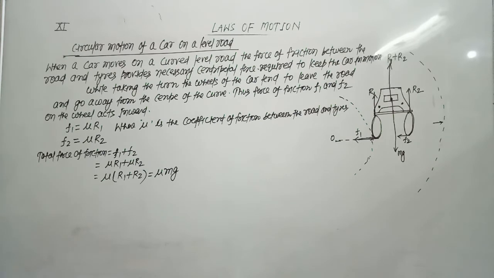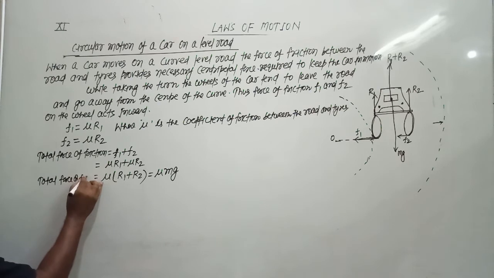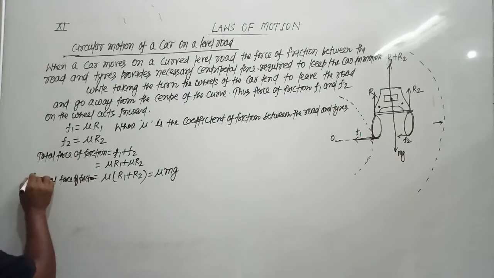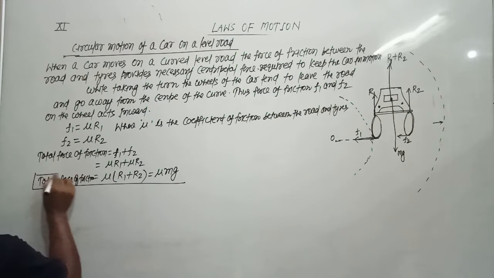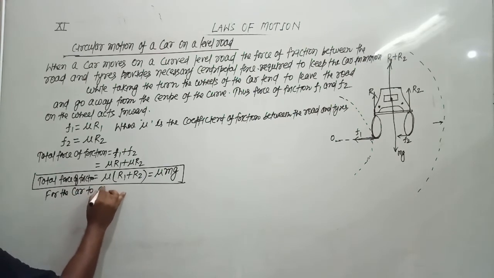So for the car to stay on the road, this is the total force of friction, which equals mu into R1 plus R2, and R1 plus R2 equals mg. So this equals mu into mg.